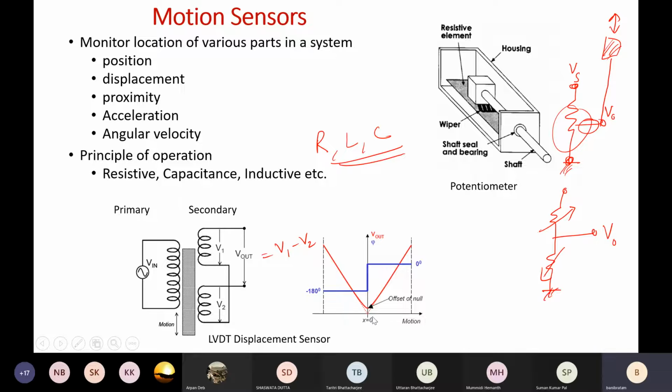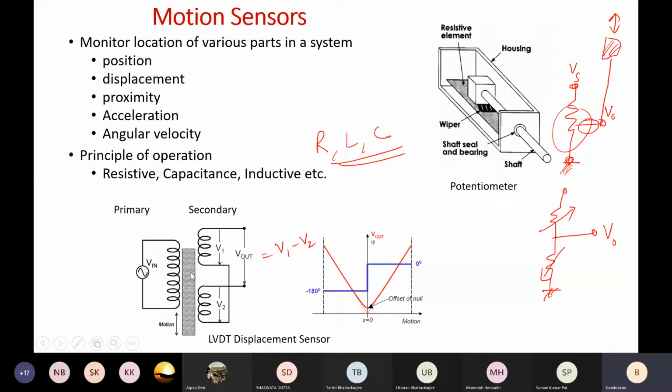Suppose you take the mod value, then if this is plus x position, or if it is minus x position, if you take the output as mod value, then both values will be the same whether it is moved upwards by x amount or downwards by x amount. So we cannot distinguish the direction, because displacement is a vector quantity, isn't it? In order to characterize the displacement properly, only amplitude is not sufficient.